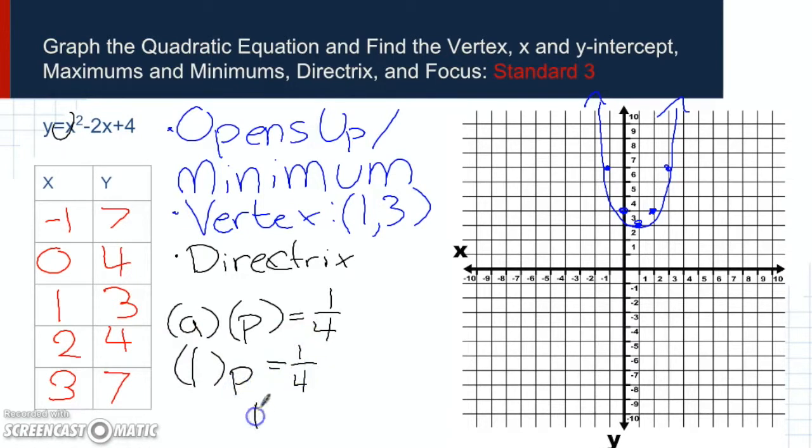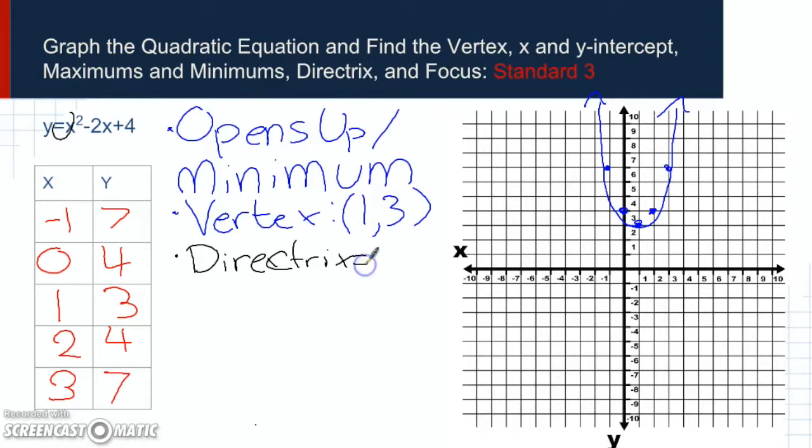So the distance from the directrix and focus to the vertex is 1/4. Now you subtract 1/4 from 3, and you get 11/4. So the directrix is y equals 11/4. And you add 1/4 to the y-coordinate of the vertex to get your focus, which is (1, 13/4).